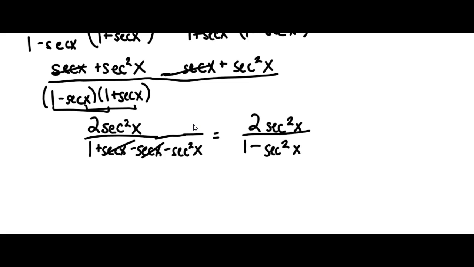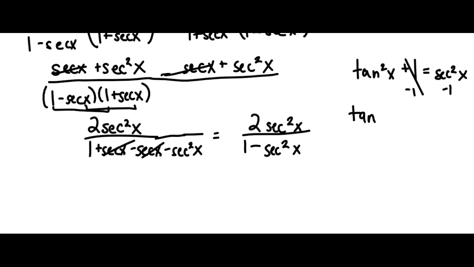Recall that 1 minus secant squared x could be related to the tangent, because we know that tangent squared of x plus 1 is equal to secant squared of x. However, we have a negative secant squared and a positive 1. So let's go ahead and move this 1 over.